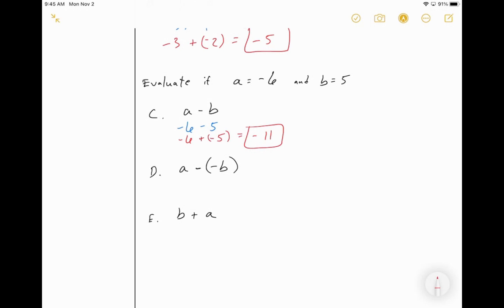Okay. All right. Letter D. This one was tricky. Here we go. -6. Oops, that's a B. Sorry. -6 minus. Okay, here we go. This was tricky. So B is 5, but you have a negative out in front. -6 minus a -5. Okay, keep switch change. Keep.